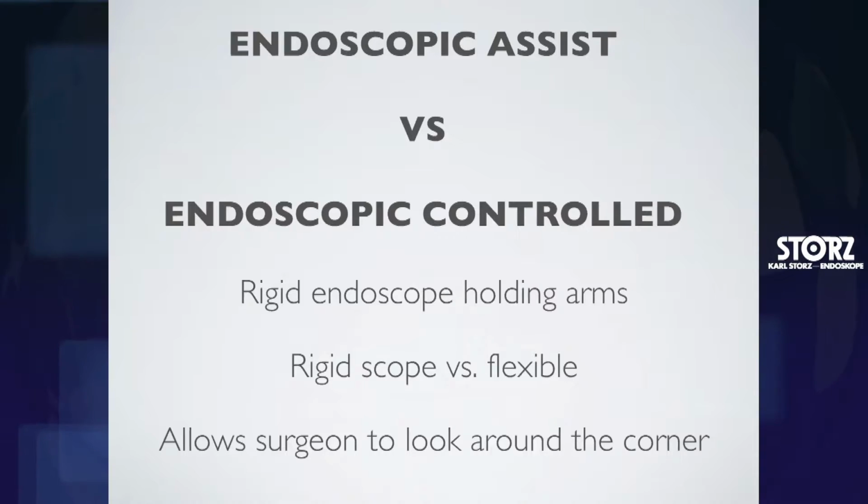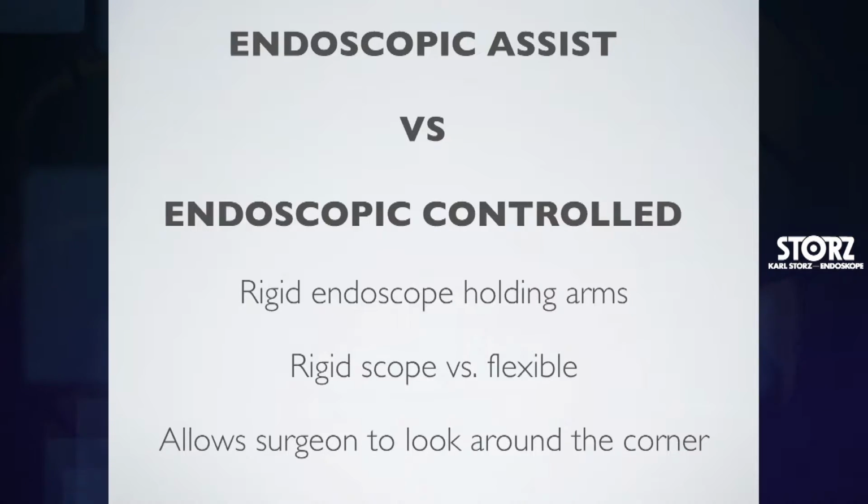Unless you're somehow coupled together in a virtual environment, you can really be distracted and think you're beautifully going down to an area, but unfortunately you're causing a lot of destruction along the way, particularly the base of the frontal lobe, for example, or olfactory nerves, or optic chiasm, or carotid. These are areas that once you get beyond these structures, you won't see them. You can't see behind your scope.